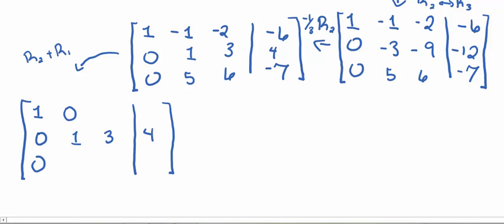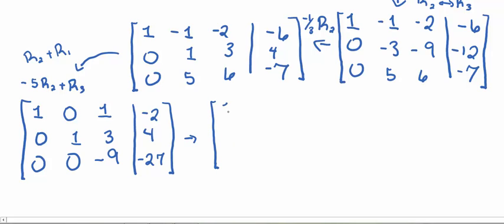That gives me 1 plus 0 is 0, negative 1 plus 1 is 1, negative 2 plus 3 is 1, and negative 6 plus 4 is negative 2. The third row has a 5, so I'm going to do negative 5, row 2 plus row 3. That gives me a negative 5 plus 5 is 0, negative 15 plus 6 is negative 9, negative 20 minus 7 is negative 27.